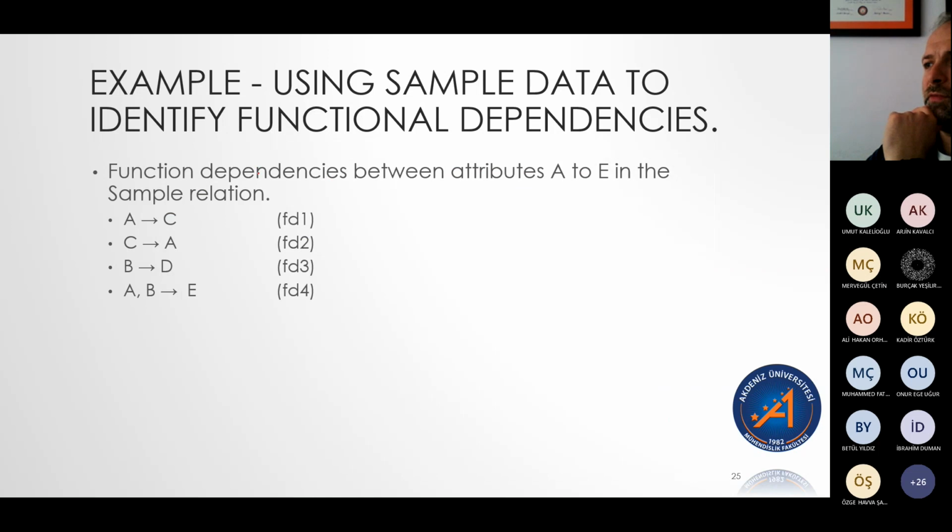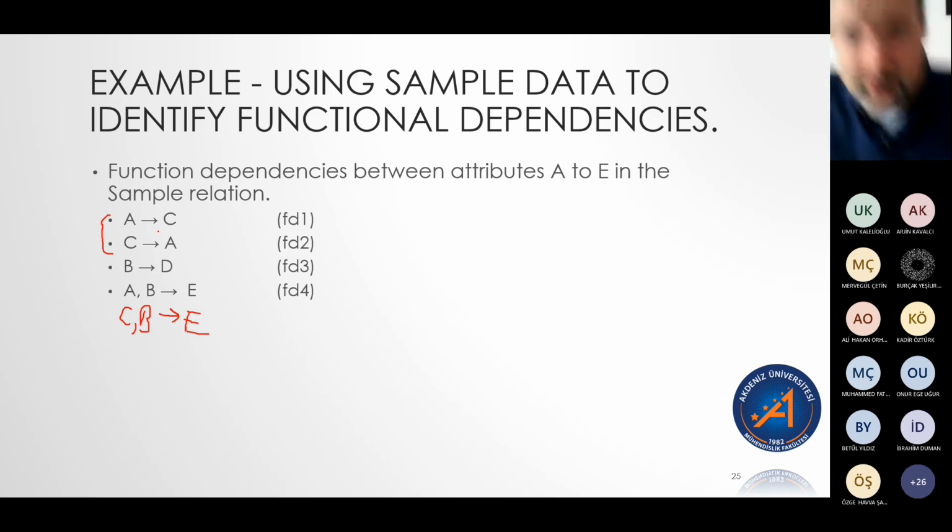So now we've identified A determines C, C determines A, B determines D, A and B determine E. Also notice that because of these two here, we could have also said C and B determine E. Basically, C and A are interchangeable at this point. Okay.